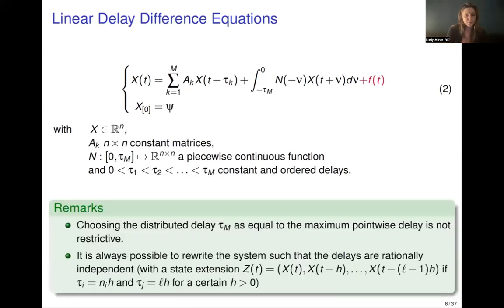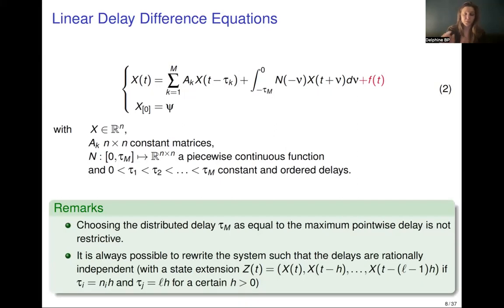A few remarks. The first one is that picking the distributed delay as equal to the maximum pointwise delay is not restrictive, because you can still formulate things into this framework, either by picking N equal to 0 on a certain time domain, or by introducing virtual matrices A which are equal to 0.